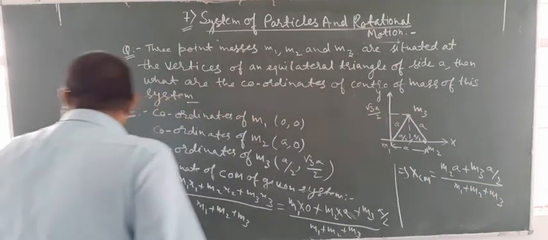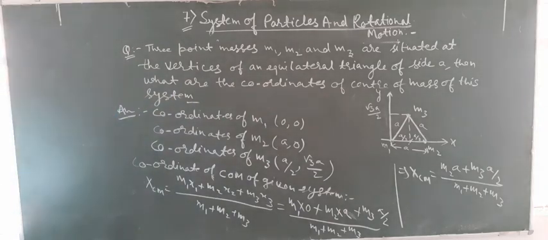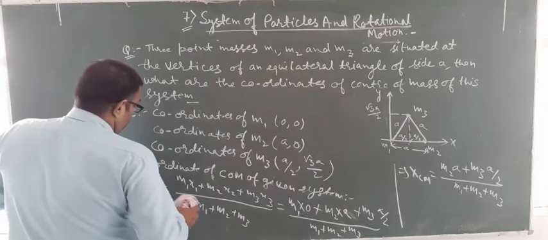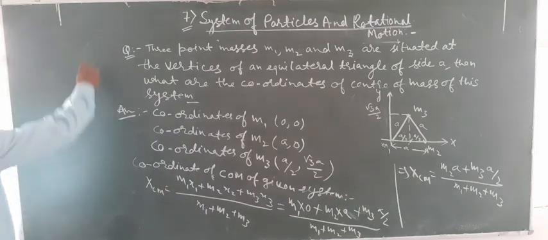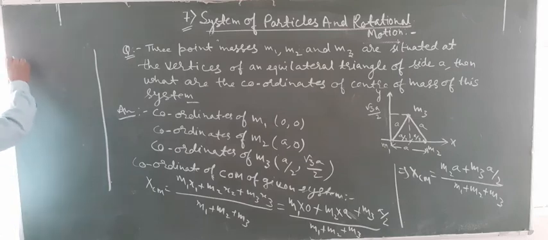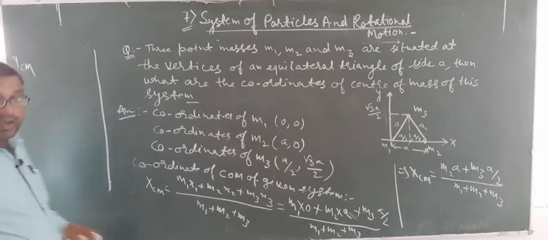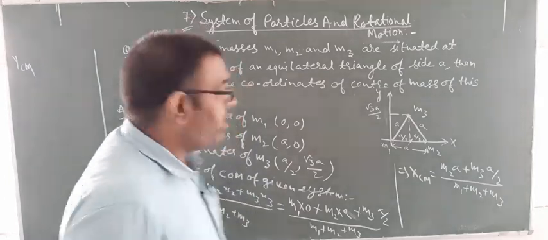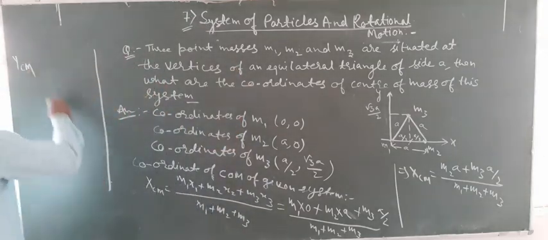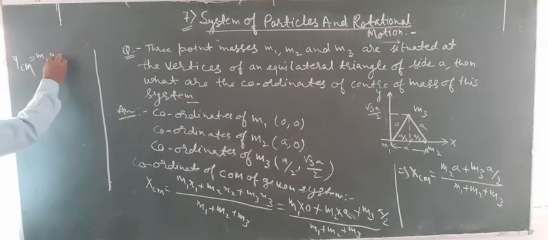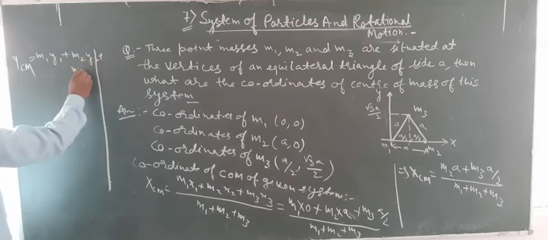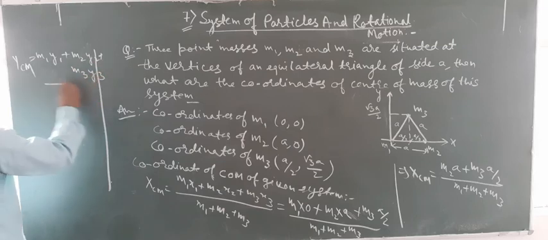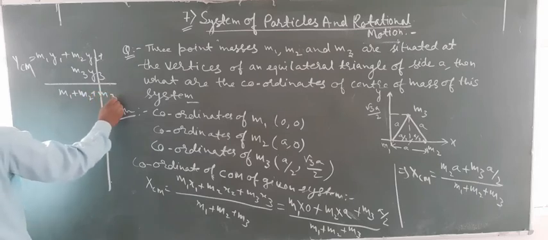Similarly, we can calculate YCM. YCM is equal to M1y1 plus M2y2 plus M3y3 upon M1 plus M2 plus M3.